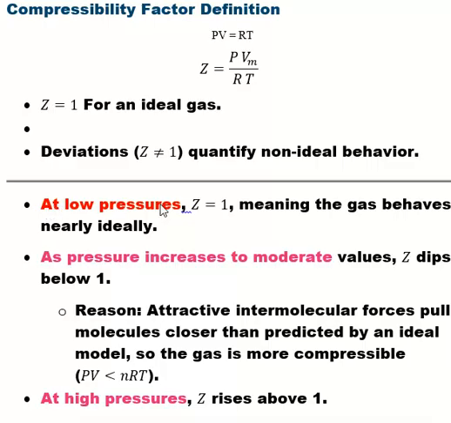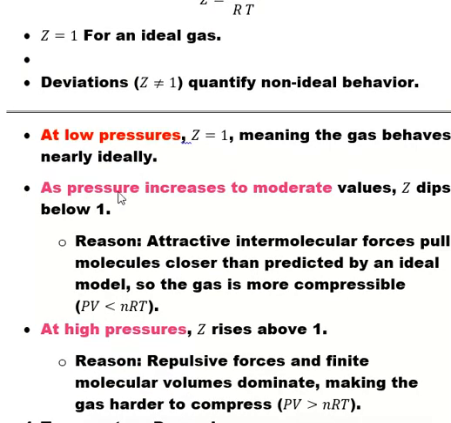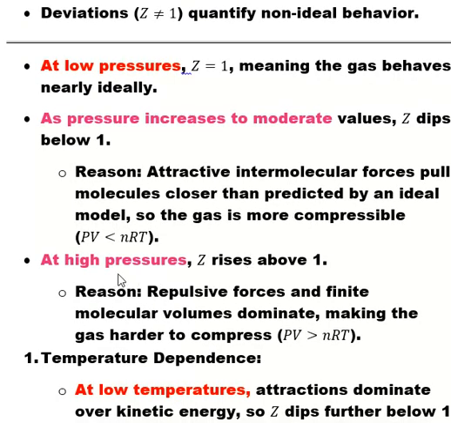At low pressure, Z is nearly 1, meaning the gas behaves nearly ideally, but not exactly ideally. As pressure increases from low to moderate pressures, the value of the compressibility factor at the start becomes lower, in other words less than 1.